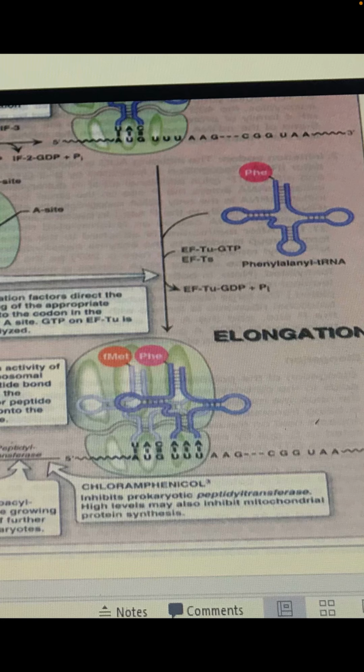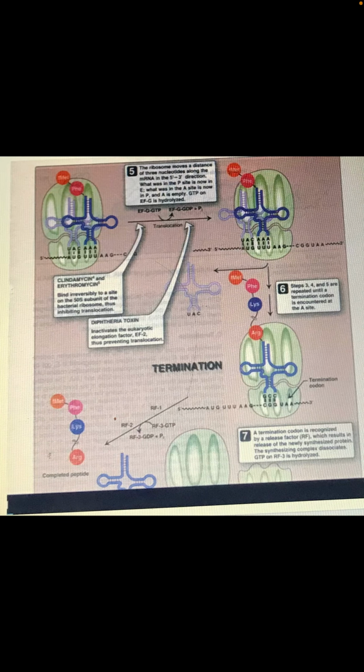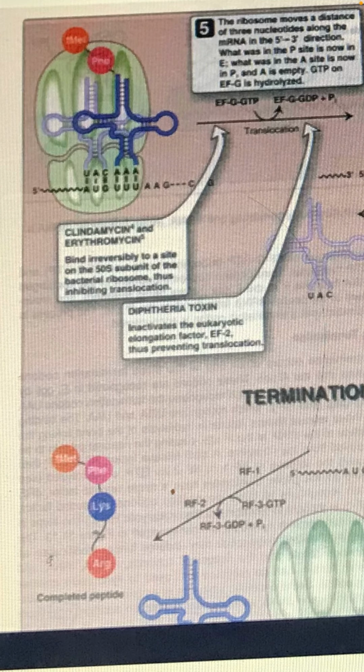So when there comes a point when the amino acids are going to be joined together with the help of peptidyl transferase and a peptide bond is going to be formed between them, then chloramphenicol is going to inhibit the action of peptidyl transferase, thereby inhibiting prokaryotic protein synthesis. The last antibiotic drugs are clindamycin and erythromycin, and diphtheria toxin.